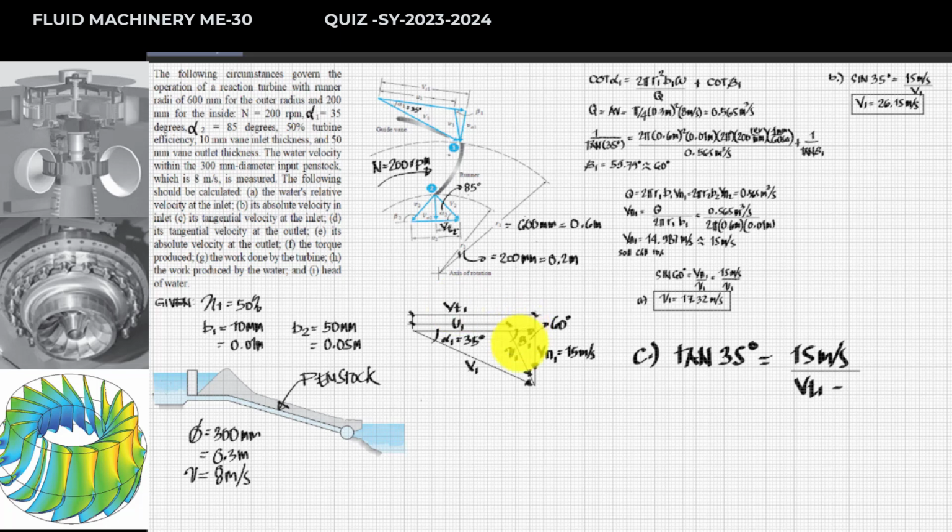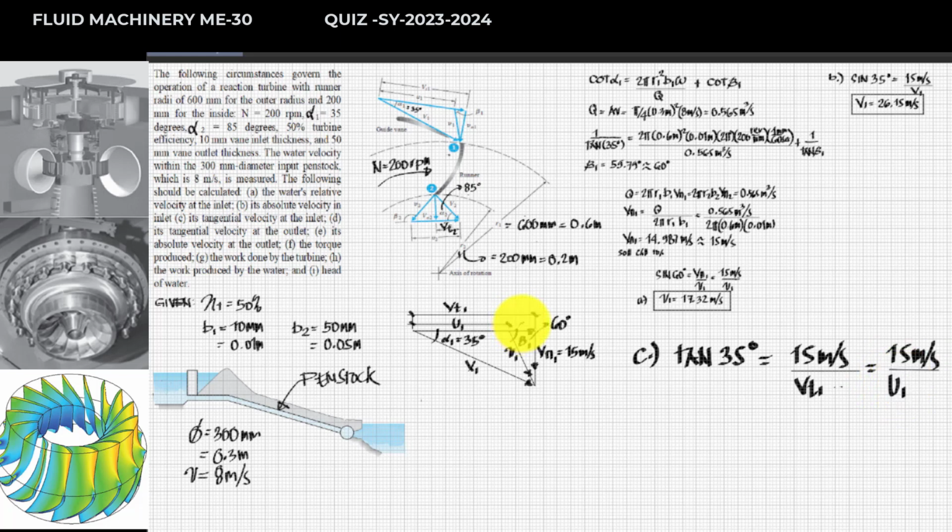I can rewrite this equation: tangent of 35 degrees is 15 meters per second all over the value of my u sub 1.